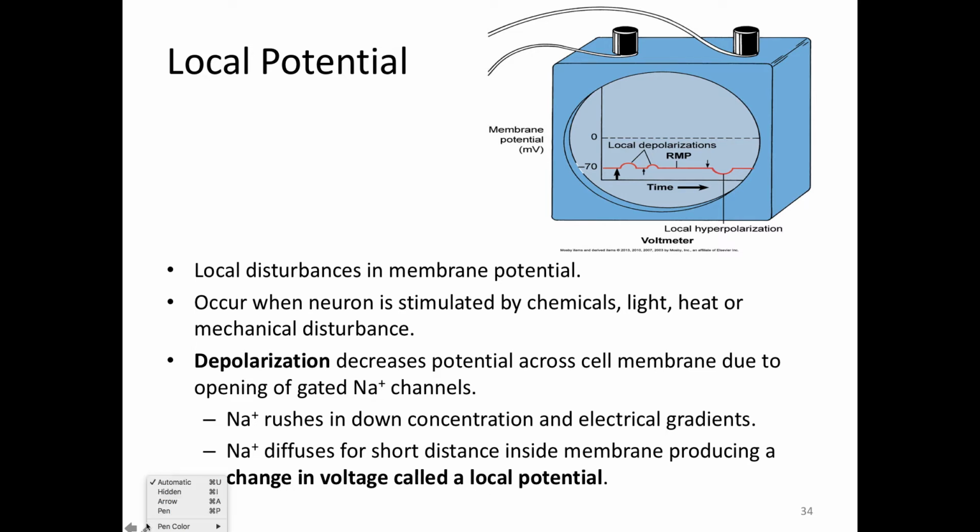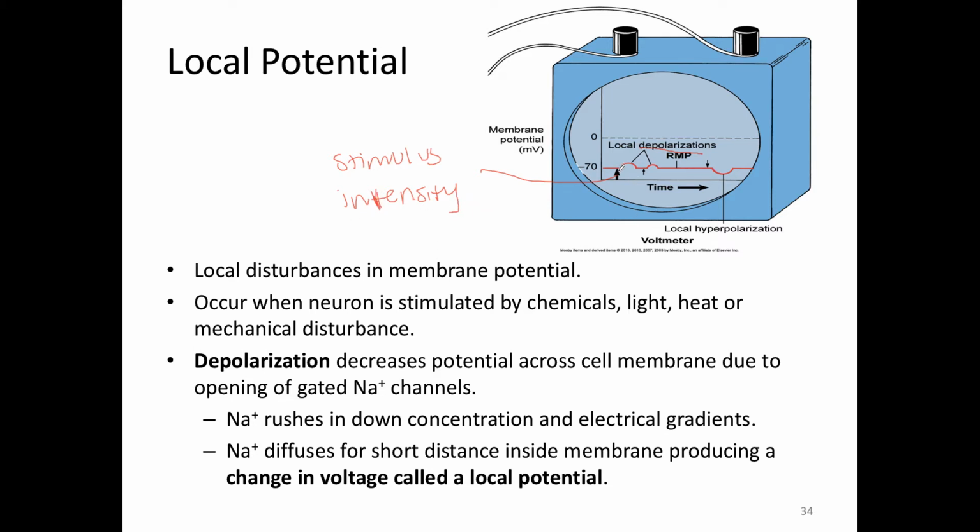So local depolarizations actually come in a couple different kinds. There are local depolarizations, and they vary in magnitude, so the arrow here corresponds to stimulus intensity. This is supposed to be a T. Dang it.